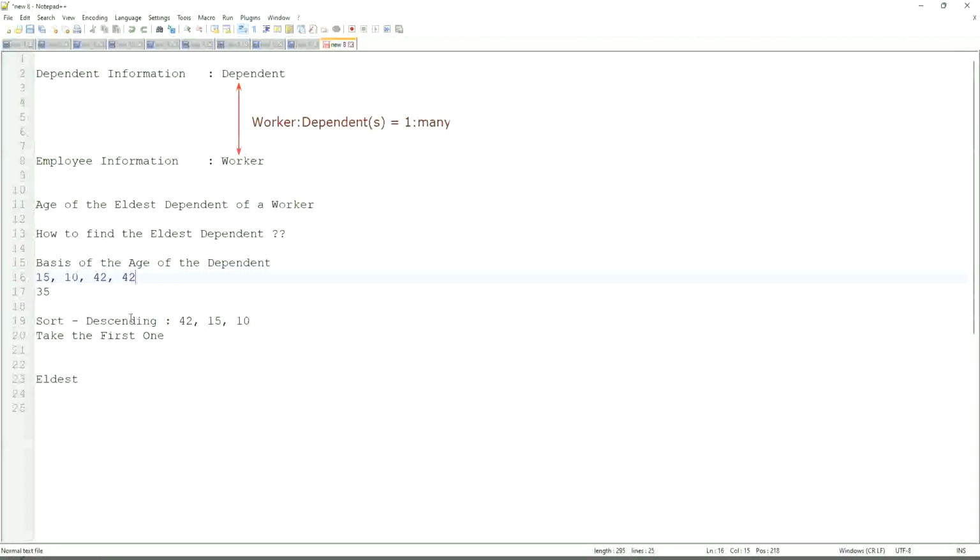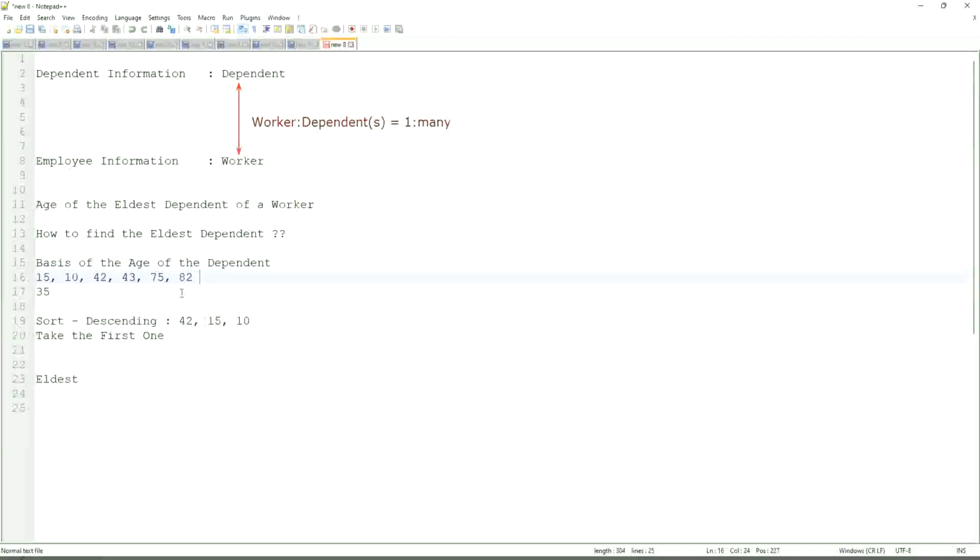Right. But yeah, if there are multiple dependents, maybe you give a higher priority to the spouse. So in that case you have to think of another factor to act as a tiebreaker. Okay. But in this case, let's say, even if you have more numbers like 42, 43, 75, 82, and so on.